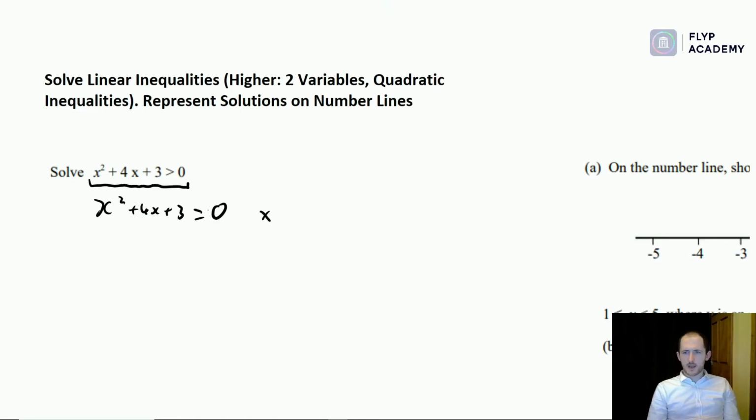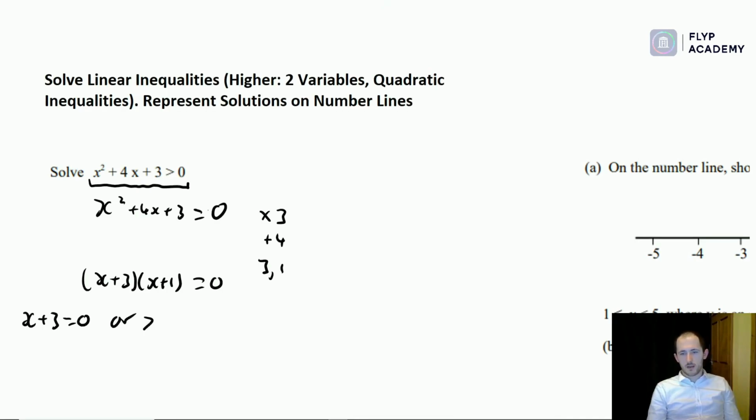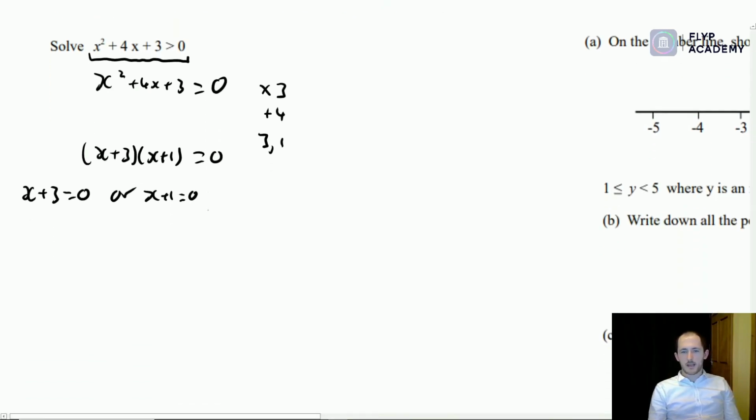So looking for two numbers that times to 3, add to 4. That's 3 and 1. So x plus 3, x plus 1. And we're going to say equals 0 for now, but in quotes, right? So we either have x plus 3 equals 0 or x plus 1 equals 0. Okay. And that would be x equals minus 3, x equals minus 1.